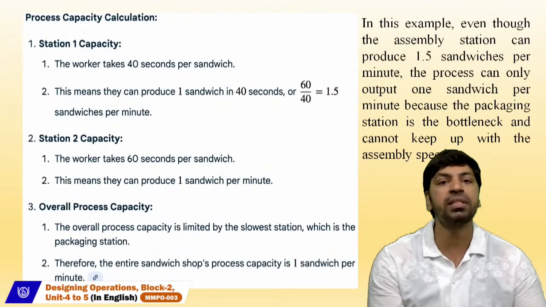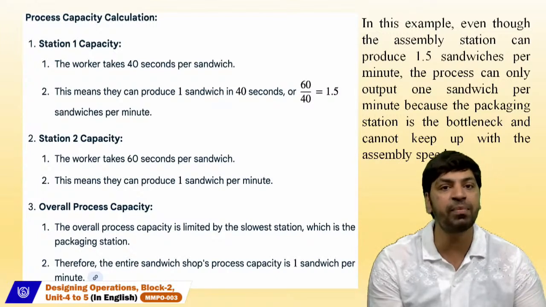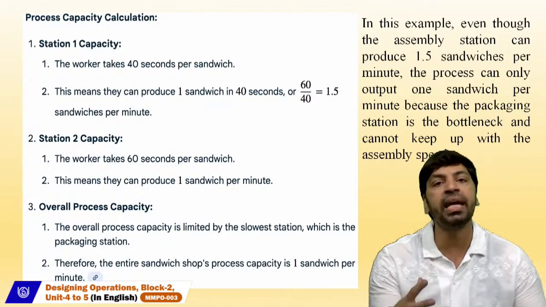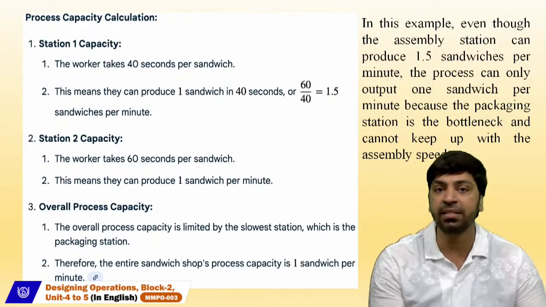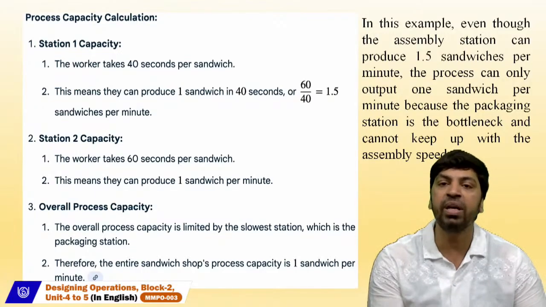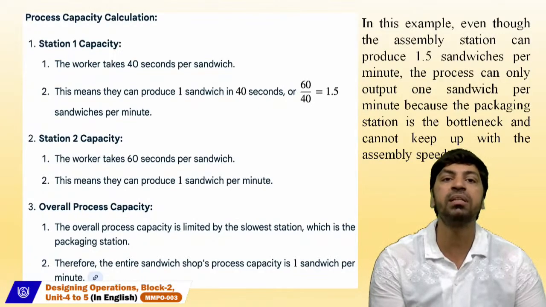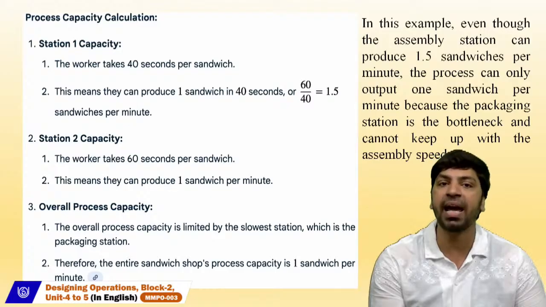Let's look at the process capacity calculation. Station 1 capacity: the worker takes 40 seconds per sandwich. This means they can produce one sandwich in 40 seconds, or in other words 60 divided by 40, which is 1.5 sandwiches per minute.